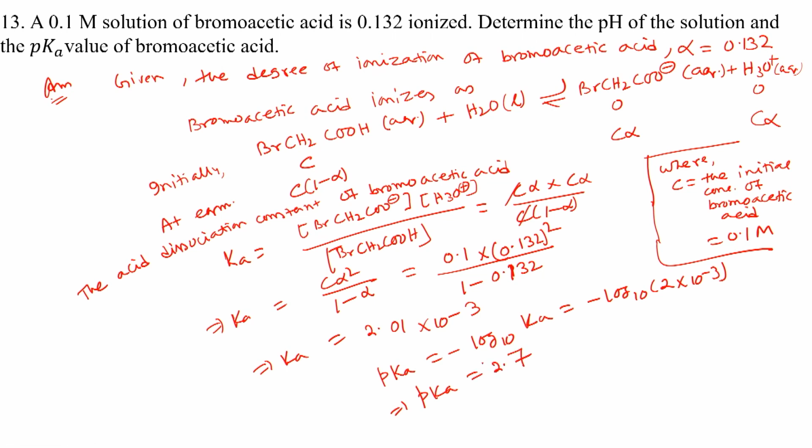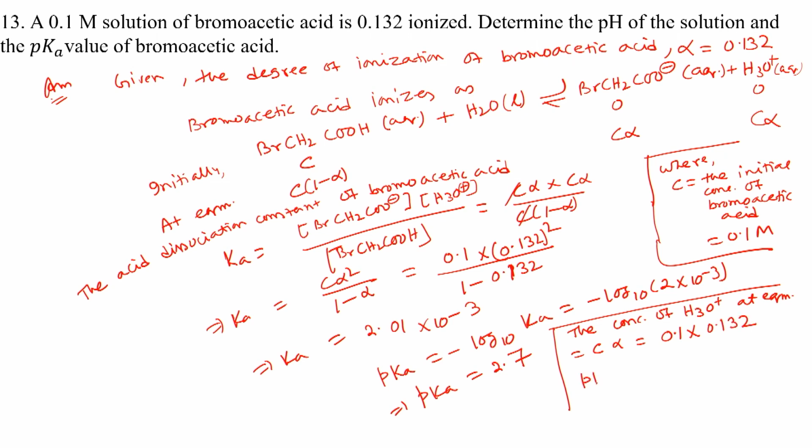Next we need to calculate the pH of the solution. For the pH of the solution we need to know the concentration of H3O plus. The concentration of H3O plus at equilibrium is C times alpha. So C is 0.1, alpha is 0.132.